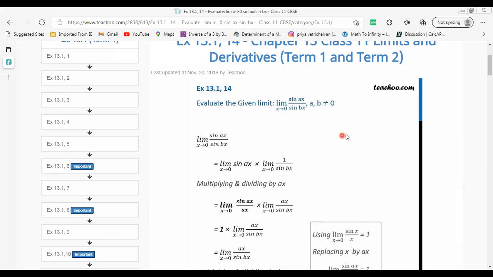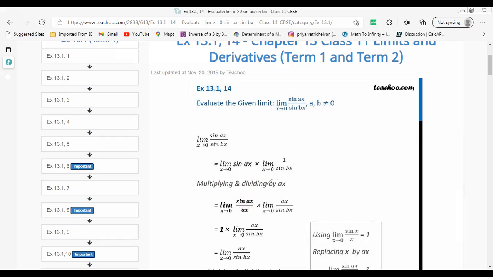Yes, ma'am. Okay. So now I'm going to multiply this and divide it by ax. I'm multiplying here and I'm dividing here. I'm dividing ax with this sin x so that I can use this identity, the sin x upon x equal to 1 identity.